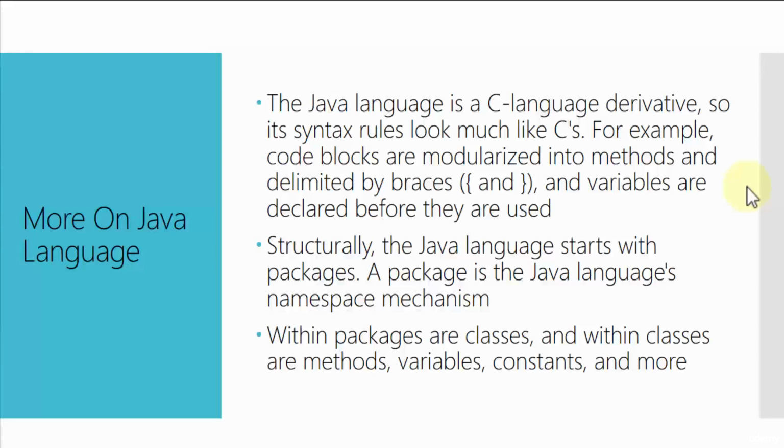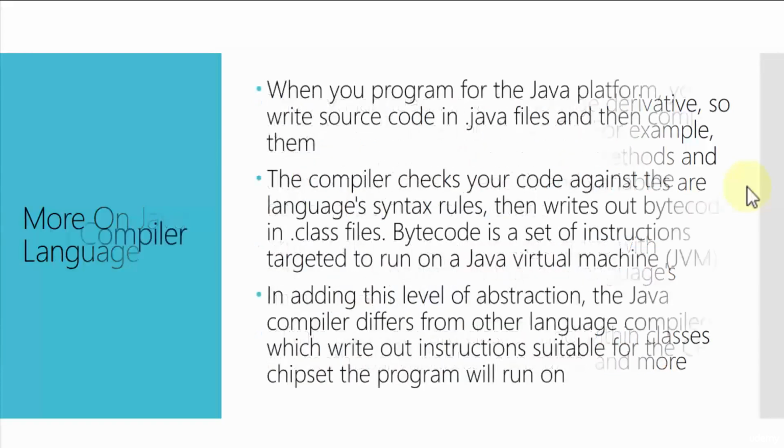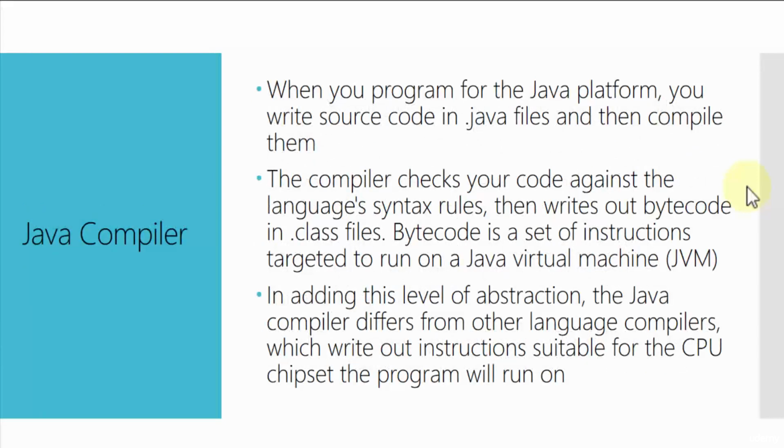Structurally, the Java language starts with packages. We've also done that. We talked about packages, how to create a package. A package is Java's namespace mechanism, right, to organize code. And of course, within packages, there are classes, and within classes are methods, variables, constants, and more. So whenever we write a program, we write the source code in .java files.